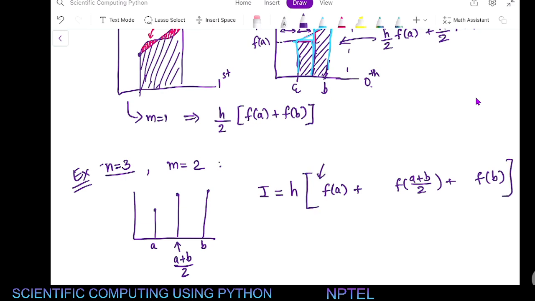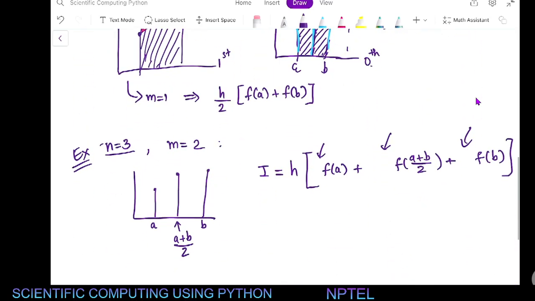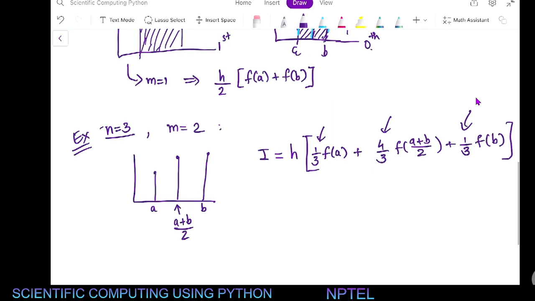And what we put here determines our scheme. If you use this formula, Newton-Cotes, you get 1 by 3, 4 by 3, and 1 by 3. So we are giving higher importance to this one.